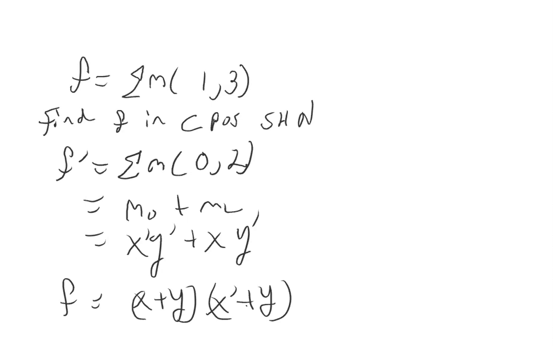So that's a way in which we can take a canonical sum of products and turn it into a canonical product of sums. But one other way we can do it is we can write out that the canonical product of sums has a shorthand notation.